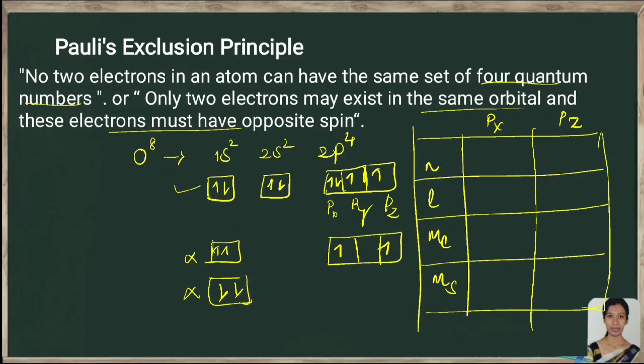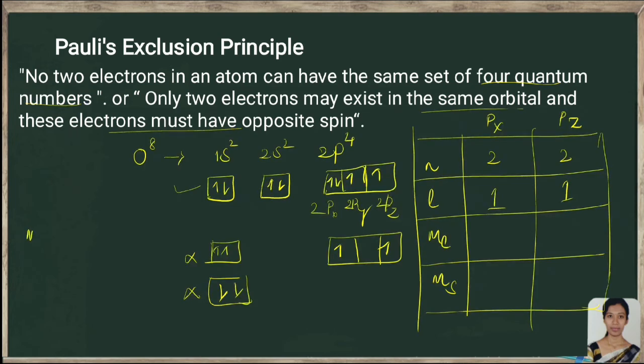What is the principal quantum number for px? This is 2px, 2py, 2pz, that's why the principal quantum number will be the same. What is the azimuthal quantum number for a p orbital? It is equal to 1. Now I am going to write the magnetic quantum number. It can take values from minus l, 0 to plus l.